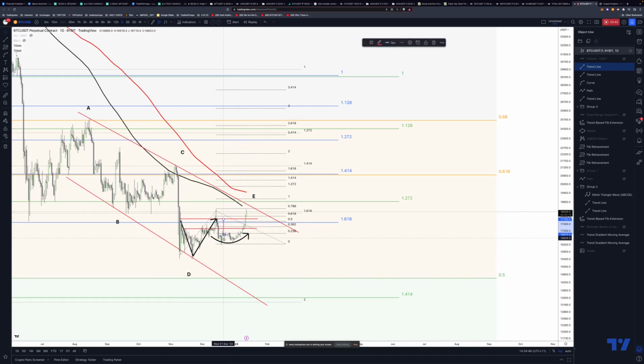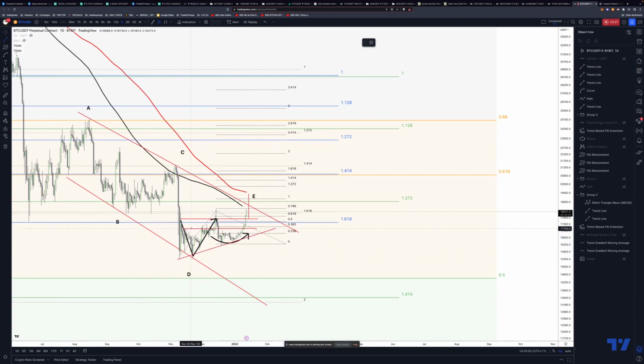This is the other measured move, potentially. Again, that's perfectly hitting the 200 daily moving average. You can also look at this as a reversal pattern, and then there's this other bigger measured move, if we were to count that. If it was to go above that, that's what I'll be looking at.